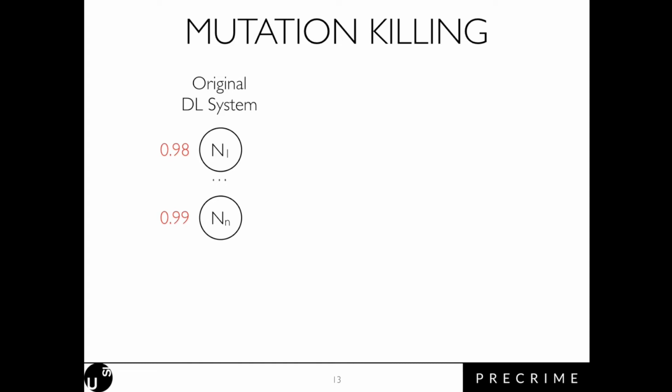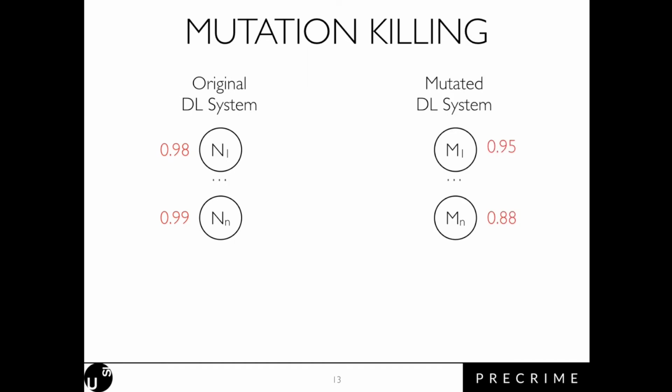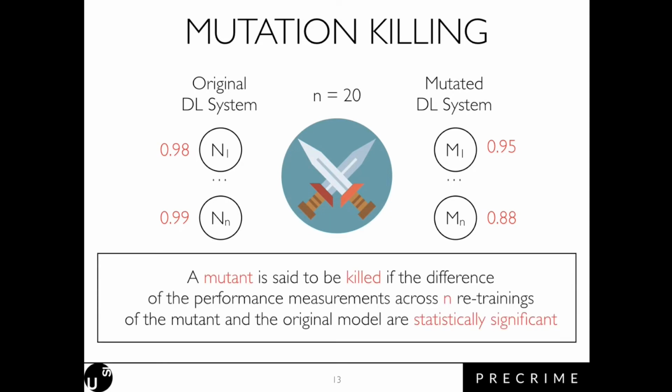It's based on this idea that we train a number of original models, and then we train a number of mutants. So we create a number of instances of both the original and mutated model. We evaluate them on the test set, and then we compare these two sets of performance metrics, whether it's accuracy or loss.